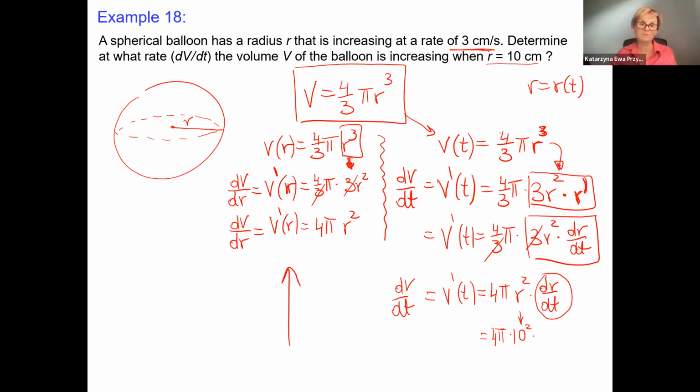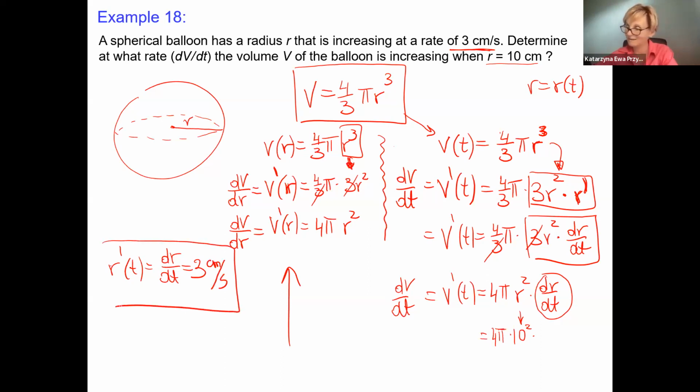The spherical balloon has a radius r and it's increasing at the rate, that means r prime, the rate of change of r with respect to time, is 3 centimeters per second. That's when I can substitute 3.